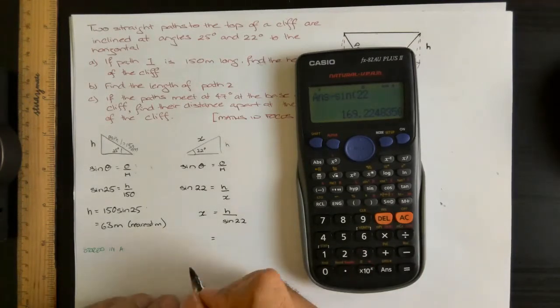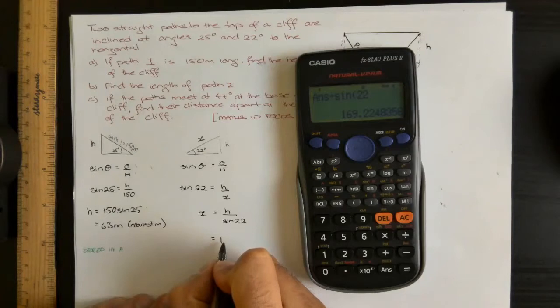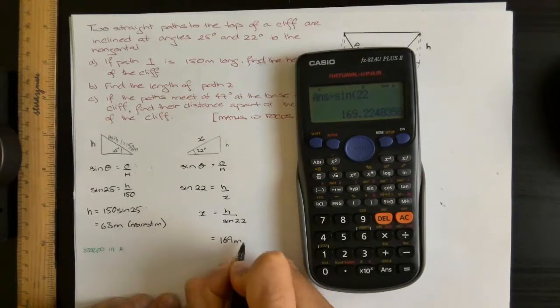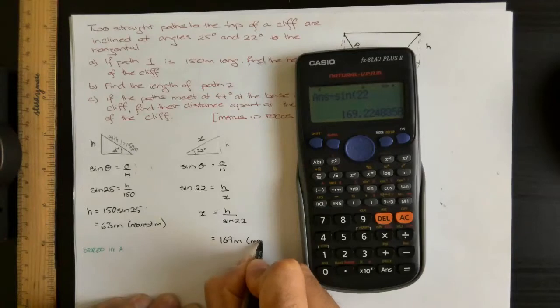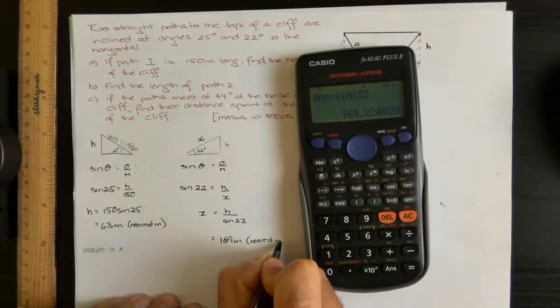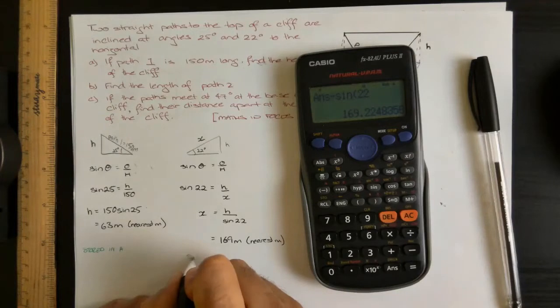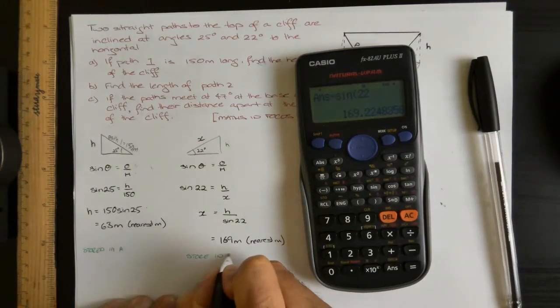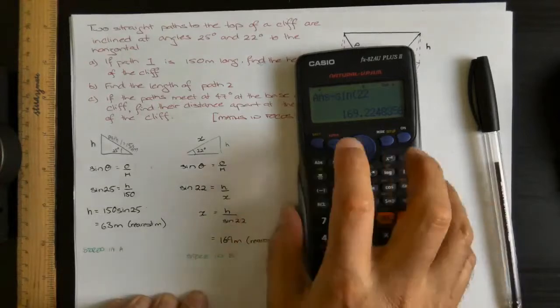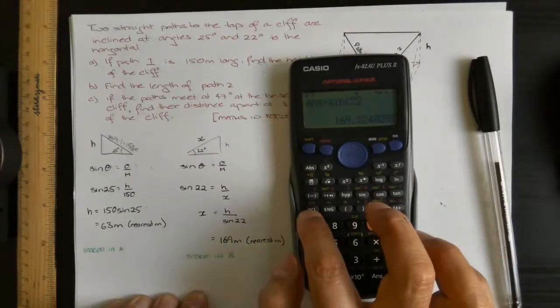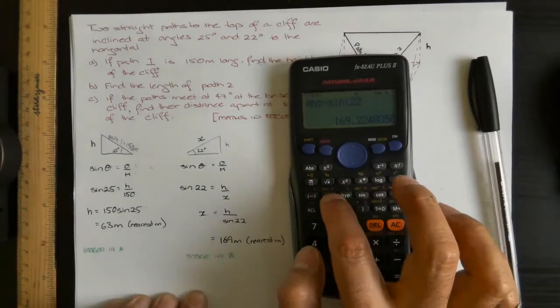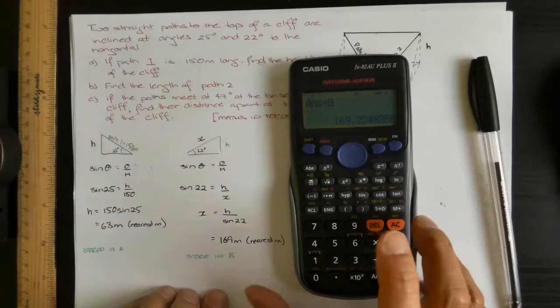So it's 169, let's do it to the nearest meter. I'll store that in B. So I press Shift, recall, and the degree button, so it's stored into B.